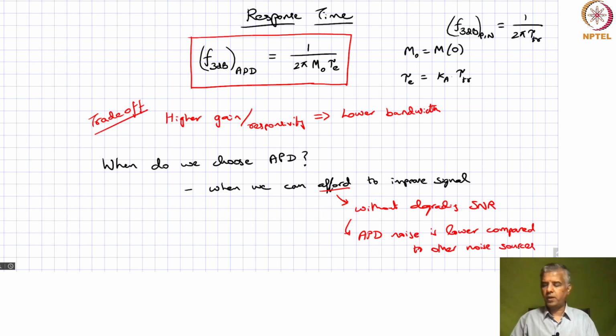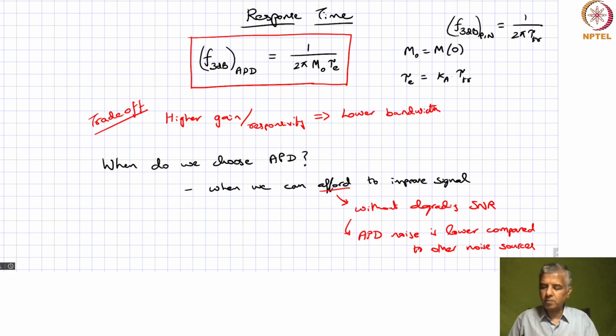So if the noise due to the APD is lower compared to other noise sources, that is when you can afford to boost up the signal, and that is when you want to use an APD.